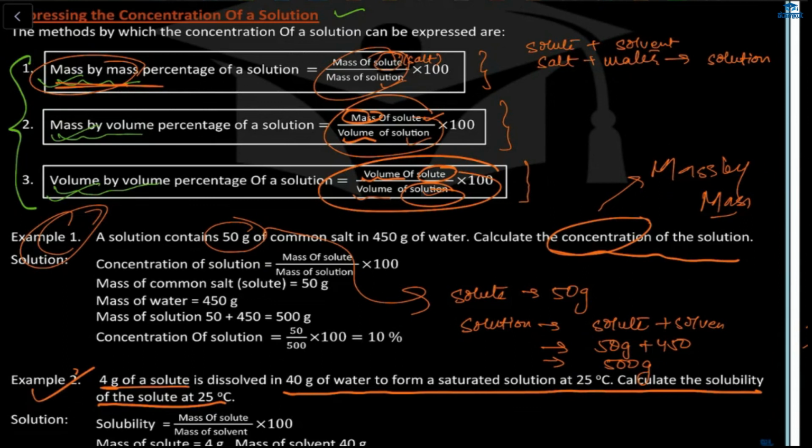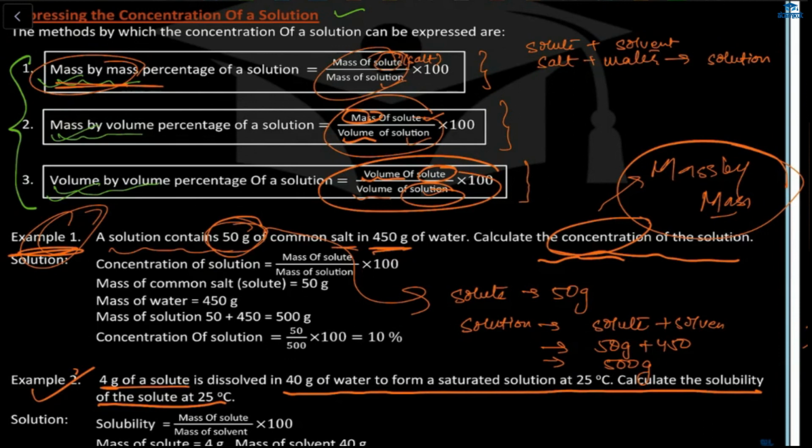I couldn't get it. This part you didn't get, the example 1? Here the solution contains 50 grams of common salt. 50 gram means the lesser amount, and the lesser amount is only the solute. And this is 450 gram. We have to calculate the concentration, and concentration is always the mass by mass.